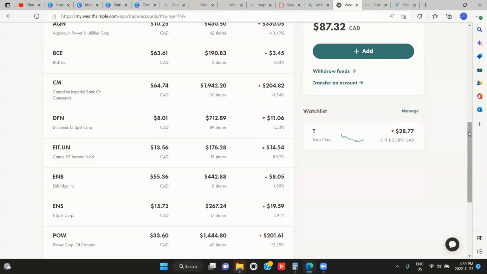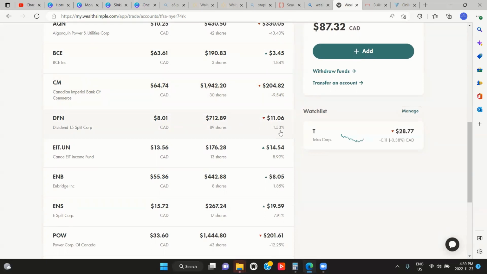The next is the Bell Canada. Bell Canada is up 1.84%. CM is down 9%. So I might be buying CM today. CM is CIBC, Canadian Imperial Bank of Commerce. That's CIBC. It's a bank in Canada. I don't know if it's also available in other countries, but it's a bank in Canada.